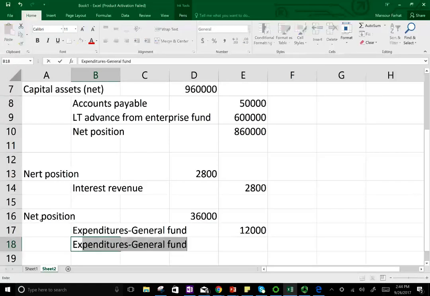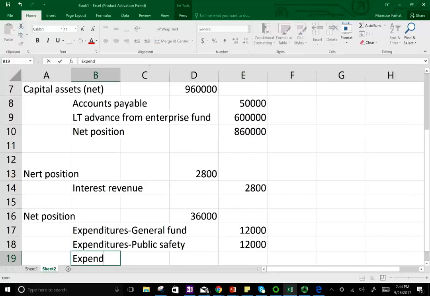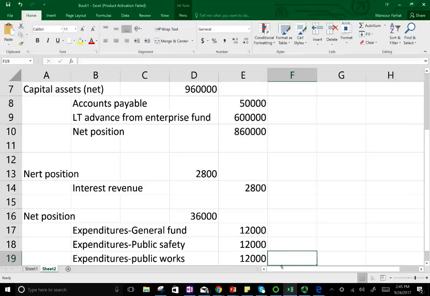Then we have expenditure for public safety, 12,000. And we have expenditure for public works, the last one, 12,000. So what we did now is eliminate that profit that we made from other departments.